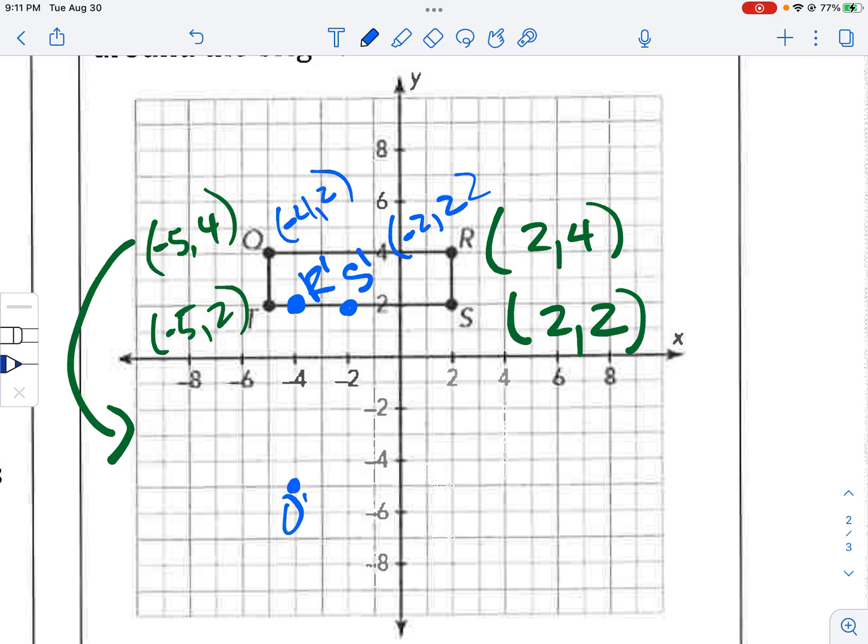So this is O prime. This is -4, -5. And then T prime is going to switch to -2, -5. So -2, -5. And that's going to be T prime. And there you have it.